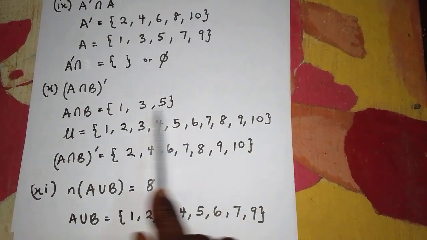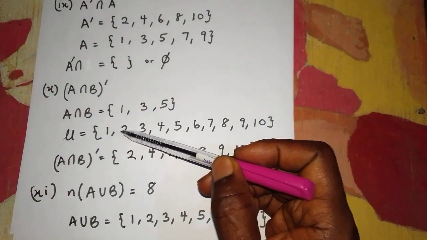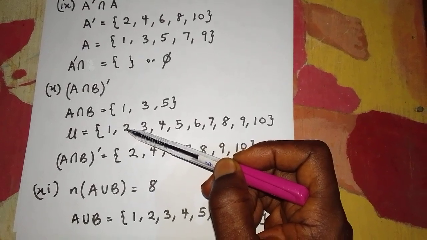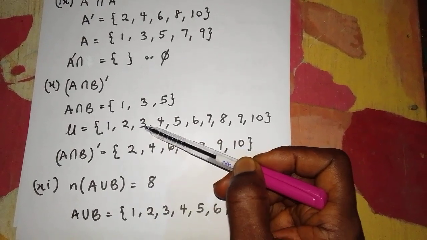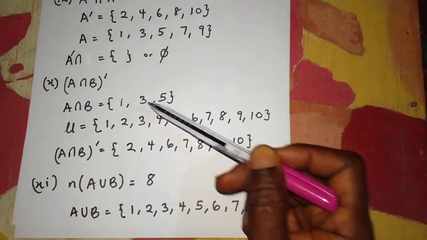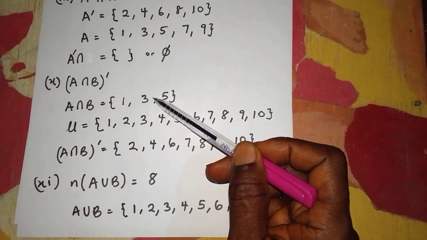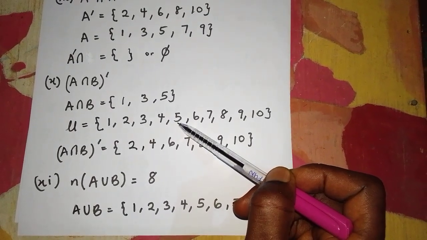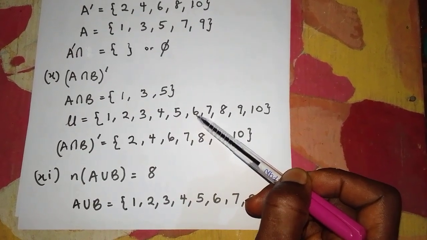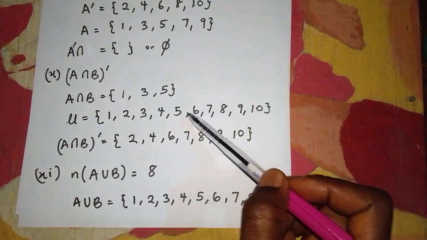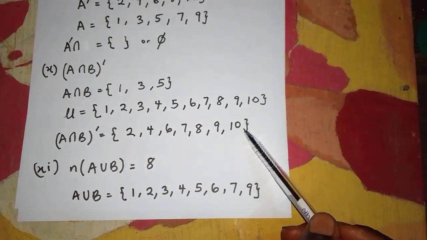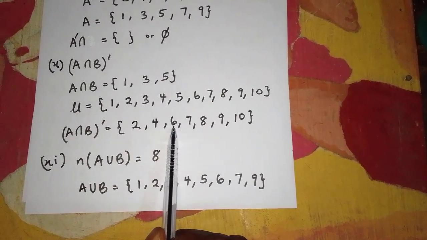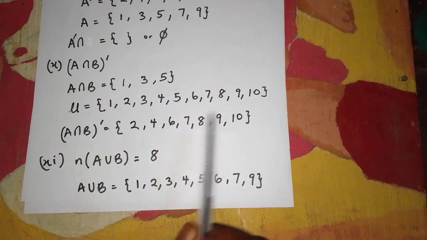So what are the elements here but not here? 1 is in A intersection B, we know. 2 is in the universal set but not here, write 2 down. 3 is in A intersection B, no. 4 is in the universal set but not in A intersection B, write it. 5 is in A intersection B, no. Then 6, 7, 8, 9 and 10 are in the universal set but not in it, so you write everything. The A intersection B complement will now be 2, 4, 6, 7, 8, 9 and 10.